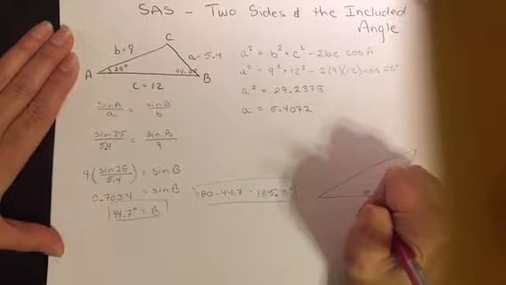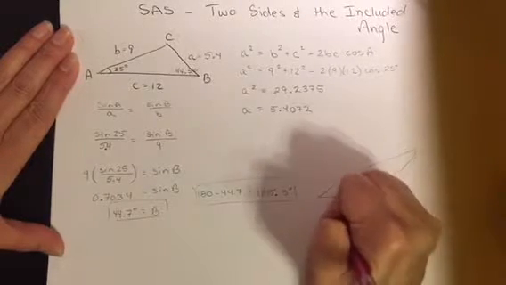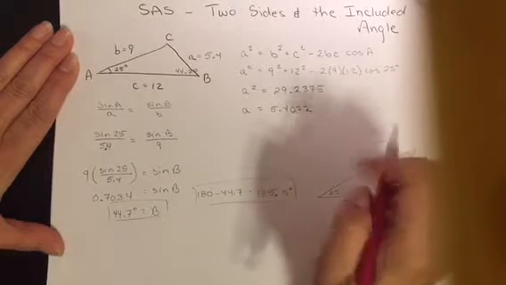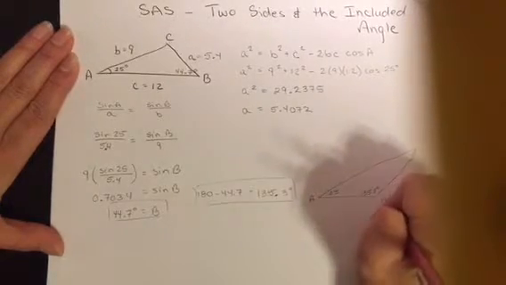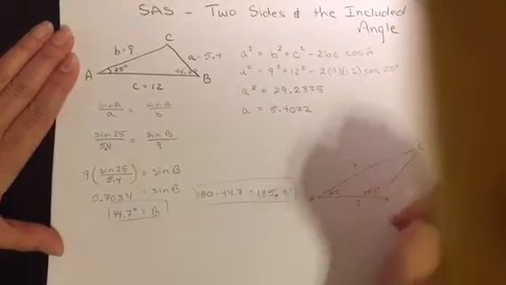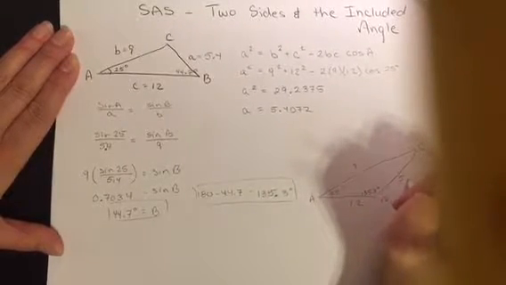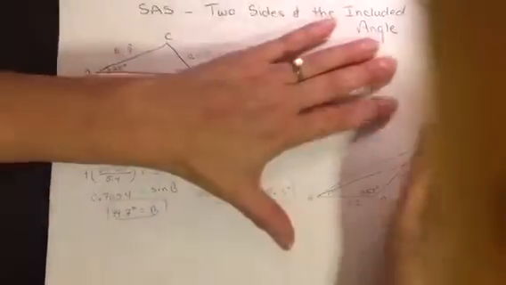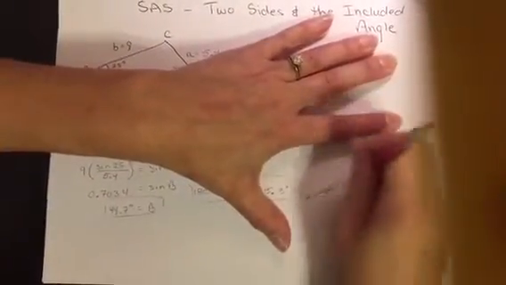So I've got the 135.3, the 25, and then this third angle, which I'm about to find. So let me just label this. And I definitely need that 5.4 too.